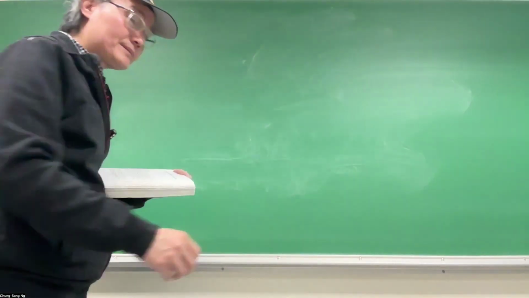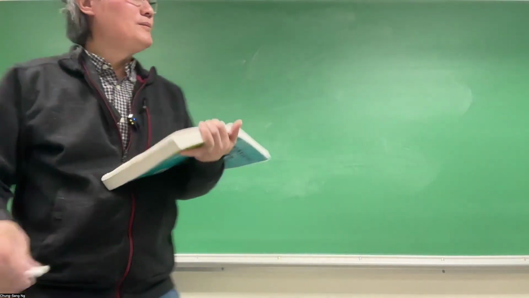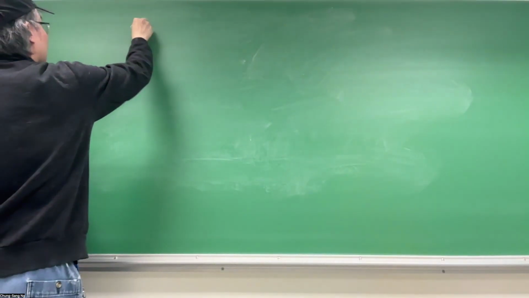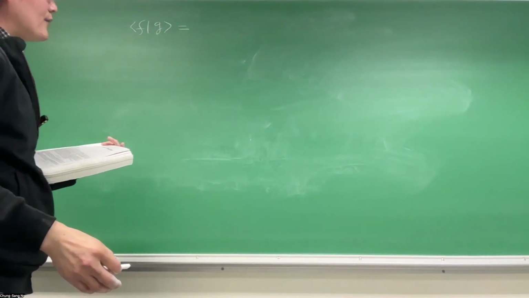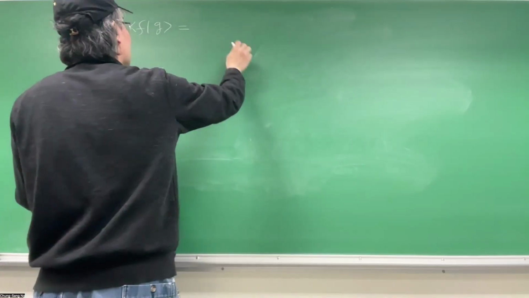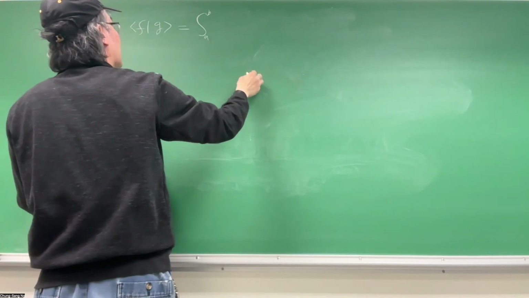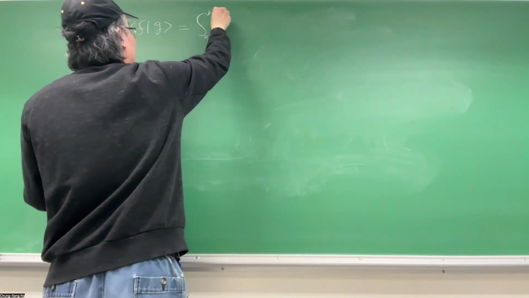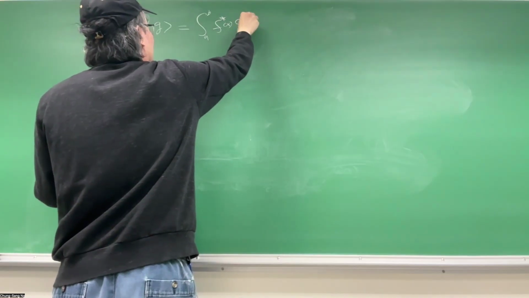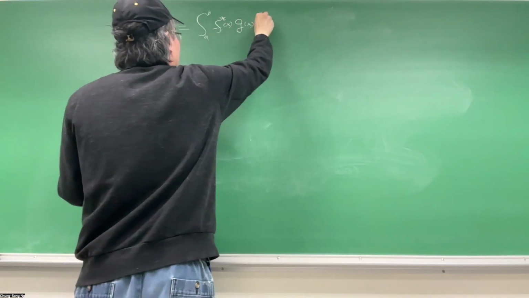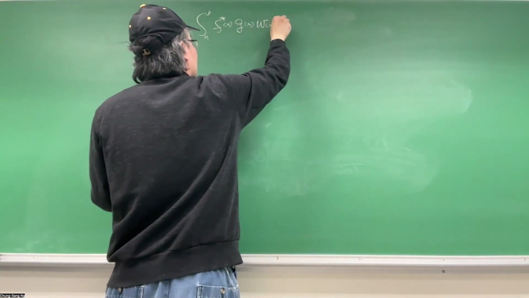Remember that when we introduced the scalar product, we wrote a form, say, like we have f and g, or in the integral form of the scalar product, you integrate from two endpoints f complex conjugate times g, with a possibility to multiply by a weight function of x.